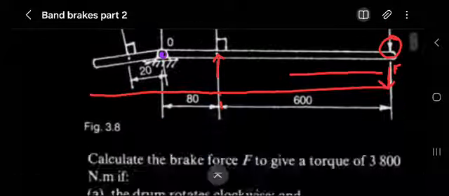Then the distance from T1 till there is 20 millimeter. Then this will be 0.02.